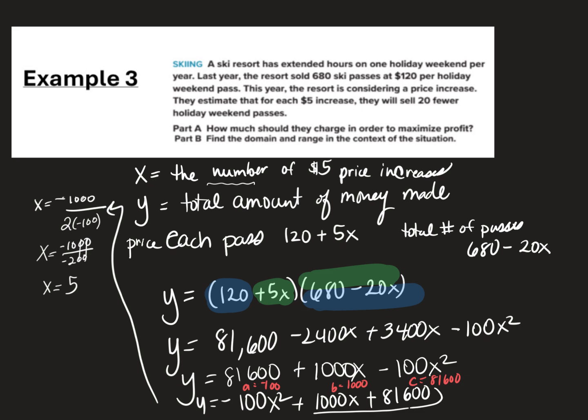And then we're going to take that number 5 and substitute it in for X, for the price of each pass. So 120 plus 5 times 5 is 120 plus 25, so $145.